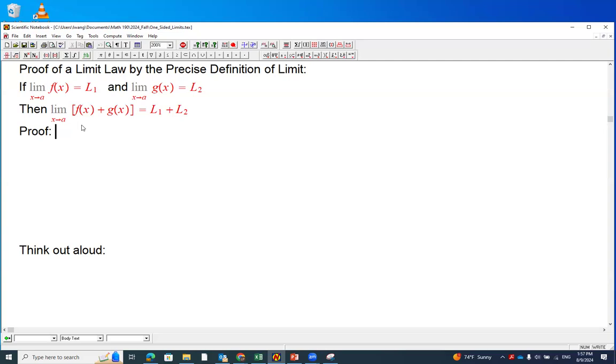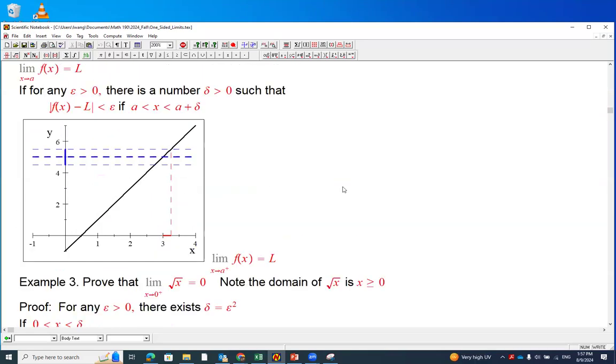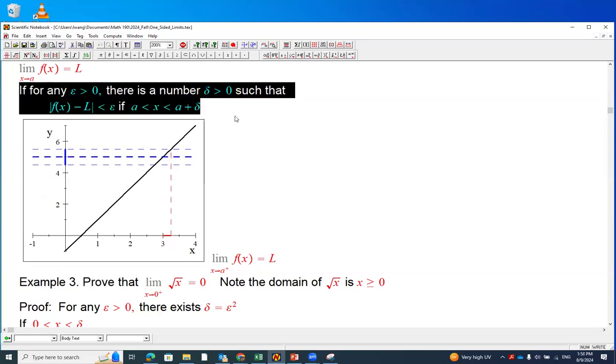We're going to use them one by one. Since this limit exists, which equals limit number 1, what does that mean? That means the precise definition of limit statement is true. What does it mean that it is true? It means this piece is true.